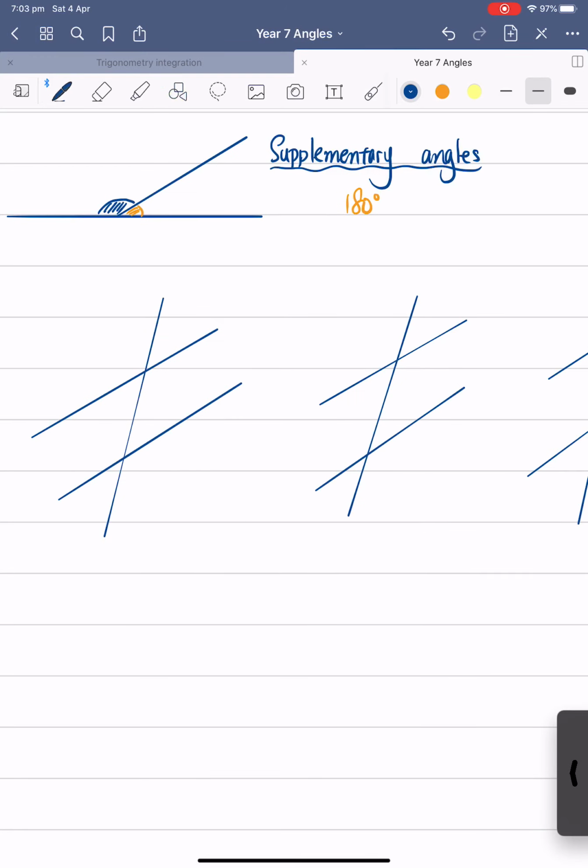Alright, then the first type we get is these two angles are equal to each other, and we call that corresponding angles. Next one is these two, or the other two, like here and there, as long as it's like a Z, alright? Then it's called alternate angles. They are also equal to each other.